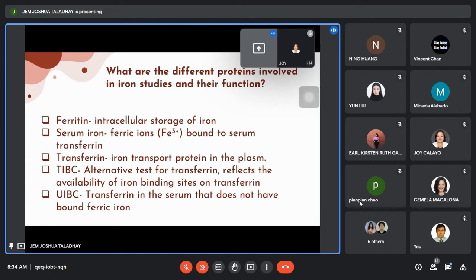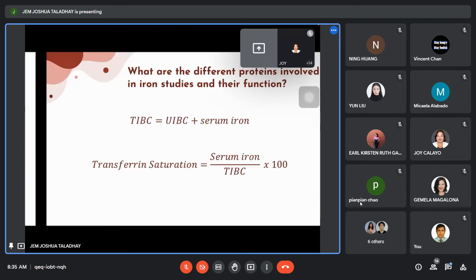Then we have the total iron binding capacity, which is an alternative test for measuring transferrin as it reflects the availability of iron binding sites on transferrin. And we have the UIBC, which is a measure of transferrin in the serum that does not have bound ferric iron.